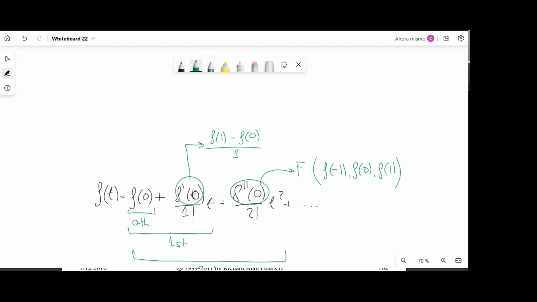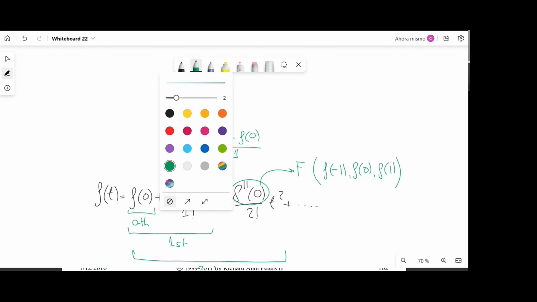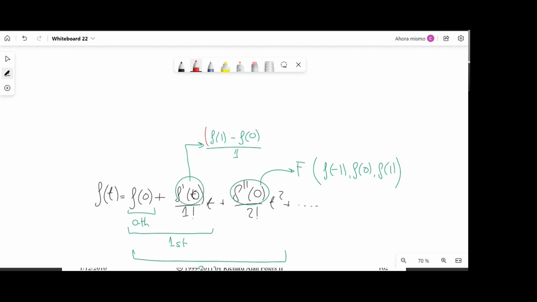So for first order derivatives, you need two values. Otherwise, if I don't see two values, I cannot tell you how that function is changing. I need two values to see how it is changing. And for the second order, it is how the derivative is changing. So if I have to tell you how the derivative is changing, I need two values of the derivative.